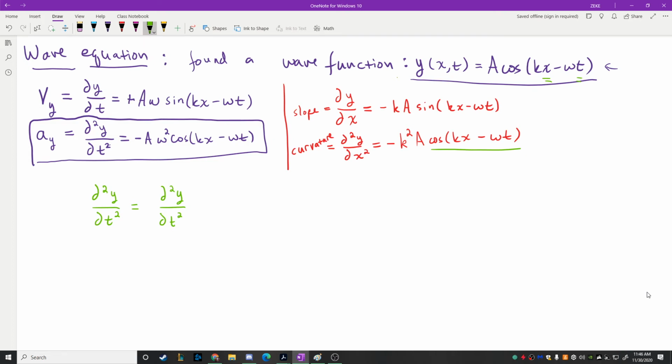So what we could do is say that, oh, whoops, meant to put an x right there. These two look the same, except that this one has an omega squared on it, and this one has a k squared on it. So in order to make them exactly equal to each other, I think what we could do is something like this.